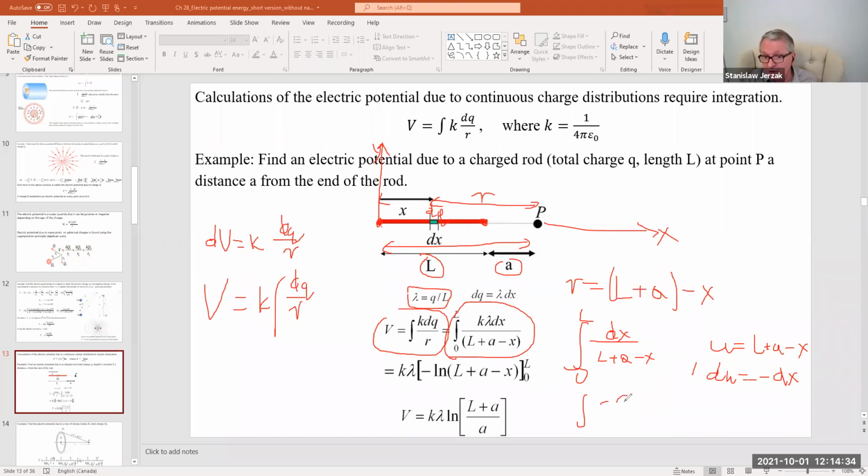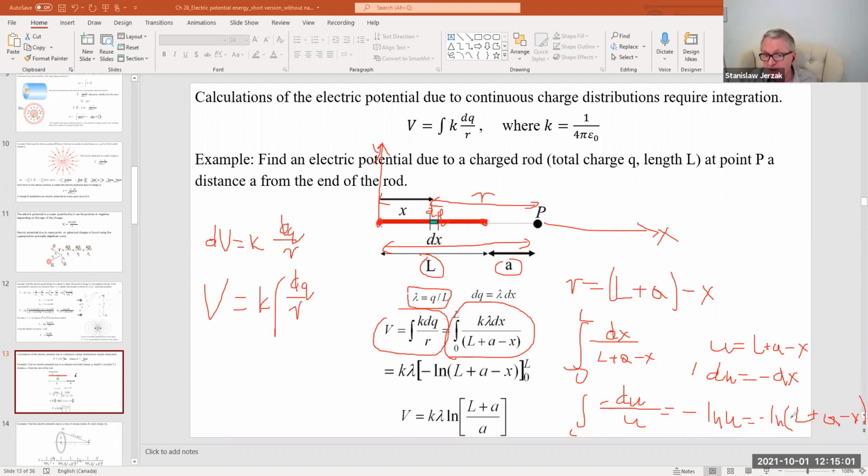So negative du, I know these are trivial for most of you, divided by u, right? Of course, I would have to change the limits of integration as well. And this integral is just negative ln of u, where u is equal to L plus a minus x. So this would be equal to negative ln of L plus a minus x.